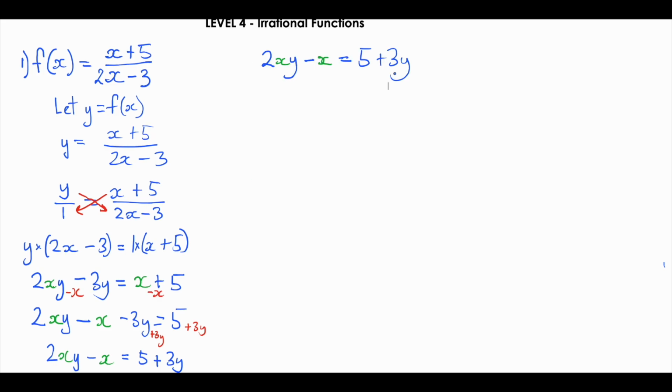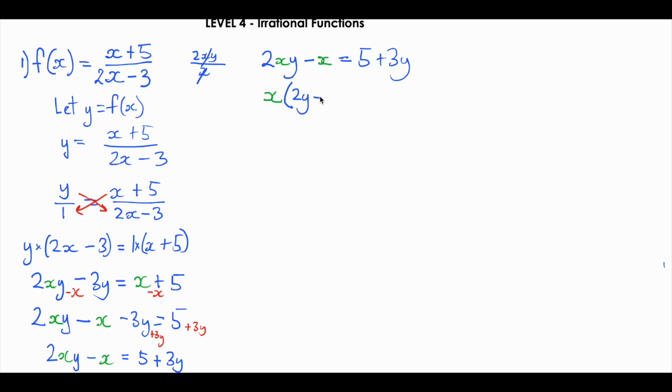Alright, so let's continue now. We still need to get x by itself here. As you can see, it's like two separate things, so the only way we can do this is if we factorize. When we say factorize, we want to bring this x outside. In other words, we divide each thing here by x. So x into 2xy leaves us with 2y, because if I have 2xy and I divide it by x, the x's cancel off and leave me with 2y.